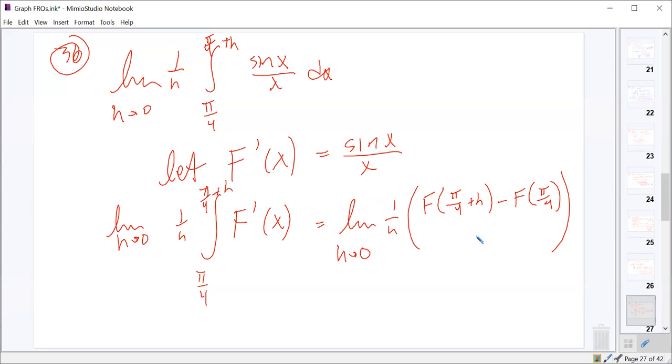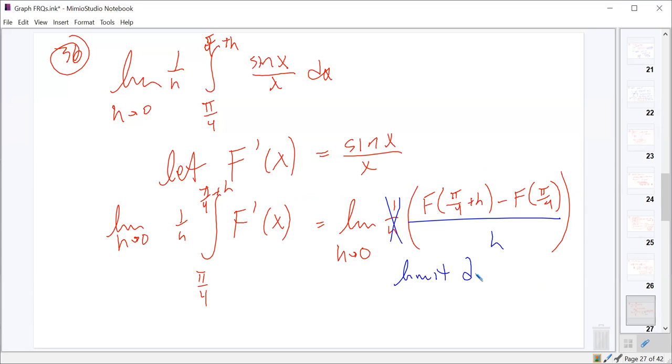The integral of capital F prime is just capital F, evaluated at the upper minus the lower. If I have this h inside of here, this is the limit as h approaches 0 of F of x plus h minus F of x all over h. So I'll cancel this here and put it inside of here. And this is the limit definition of the derivative.